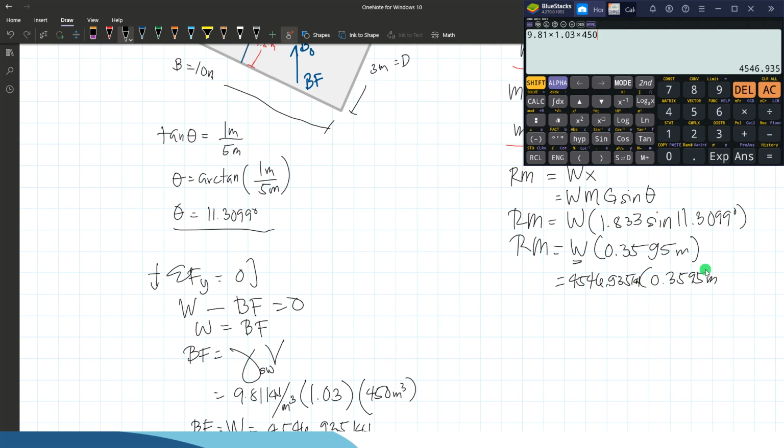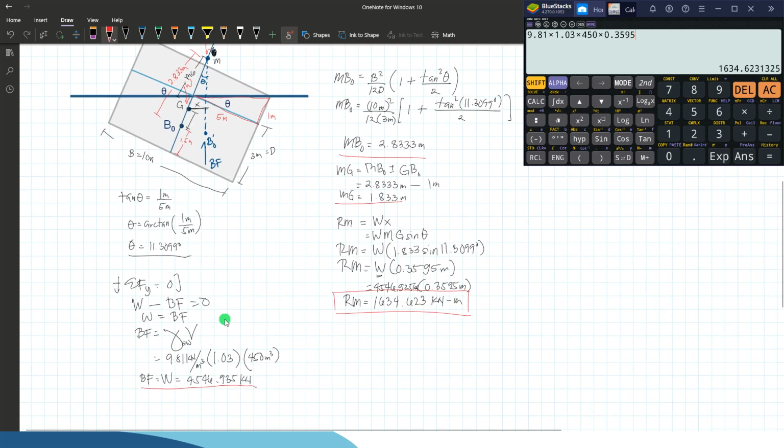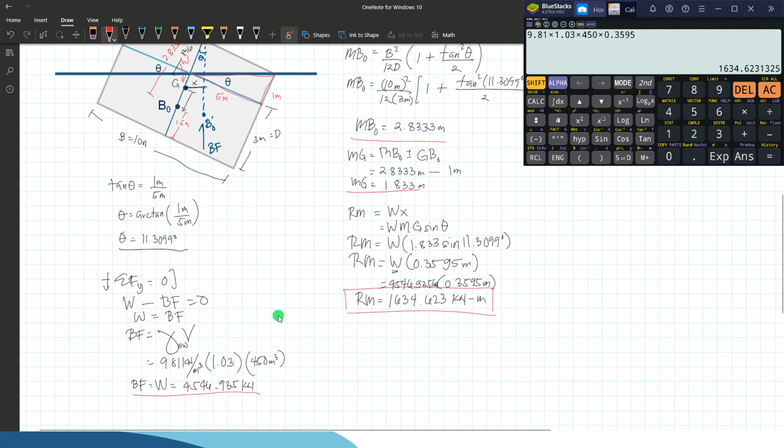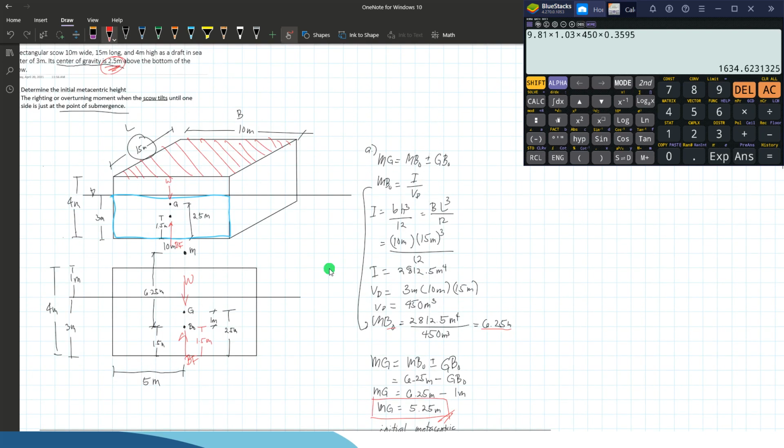The righting moment equals 1,634.623 kilonewton meters. So that's the righting moment. That's it, you solved this problem right here.